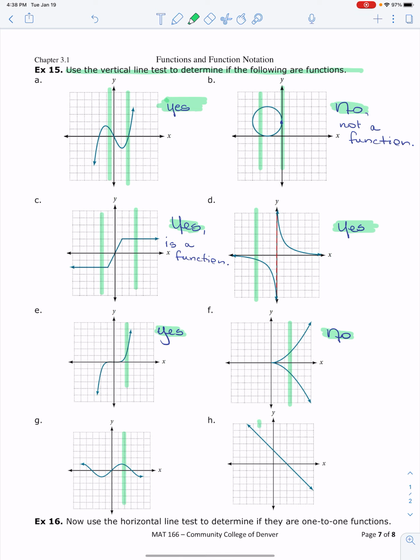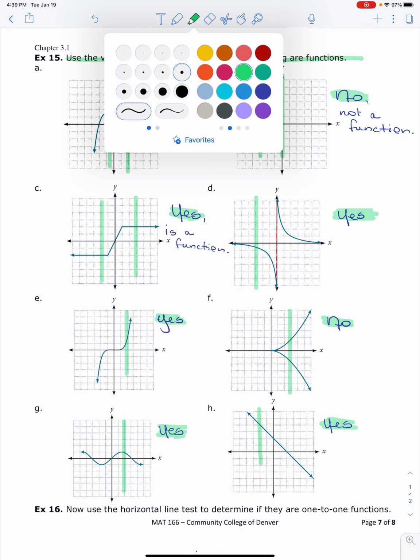And then for a line, it's only going to cross once. So I've got a yes here, and I've got a yes here. In every case where there is a yes, that X that I'm drawing that vertical line through is paired with only one Y.